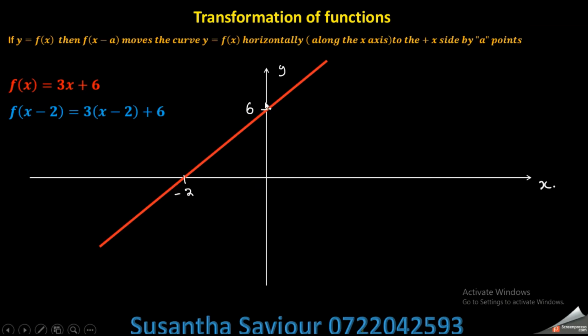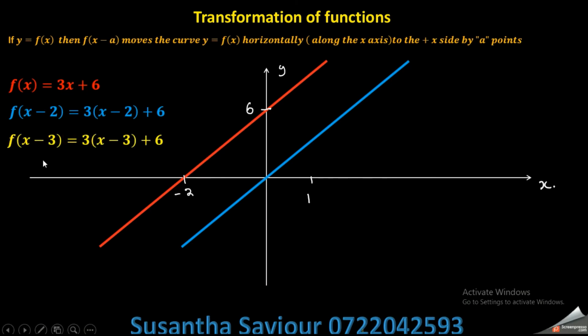This is the graph. Now in this transformation x minus 2, the graph will be moving towards the right hand side by 2 points. We will see what is happening. See there, this is moving, right? This blue color gives this one, moving towards this side by 2 points, right? Now we will move on to the next one, f of x minus 3.